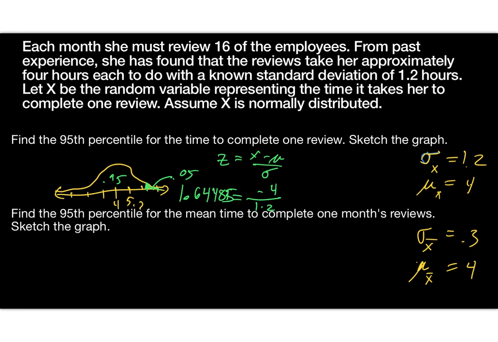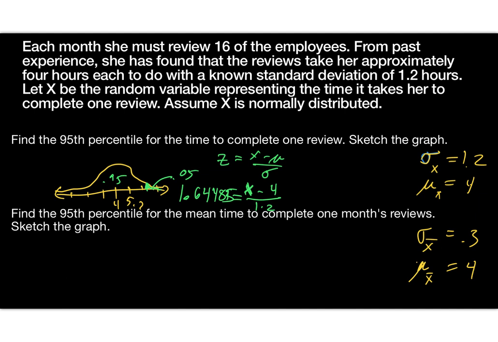And then my unknown is, what is that value? That's what the question asks. Find the 95th percentile for time to complete. Well, that's the z-score for it. There's the average and the standard deviation. I can algebra that thing and find x. I hope you can too, because I'm going to move to the next half of this question.